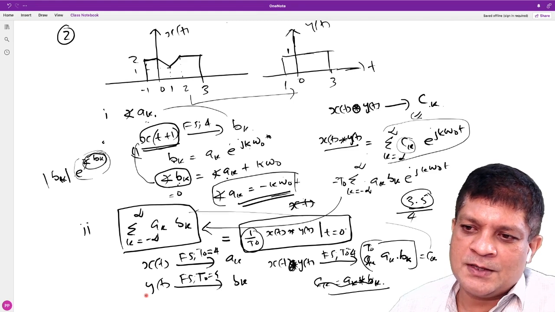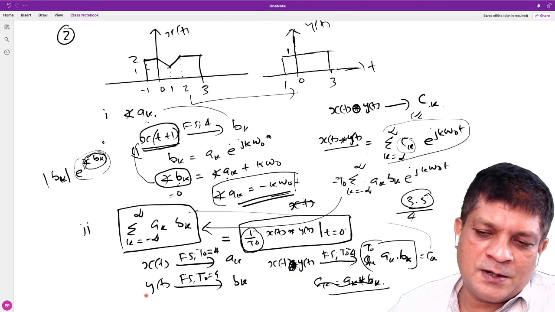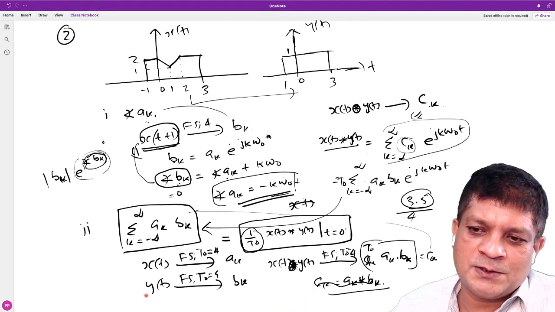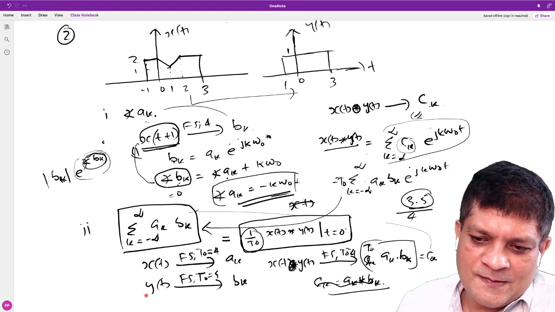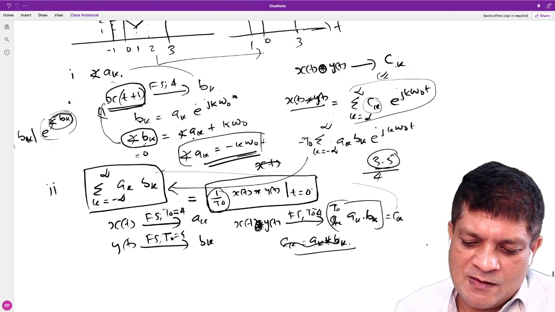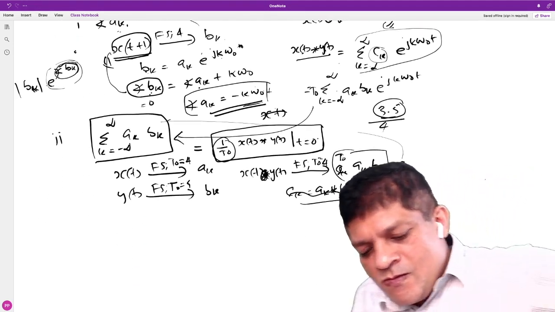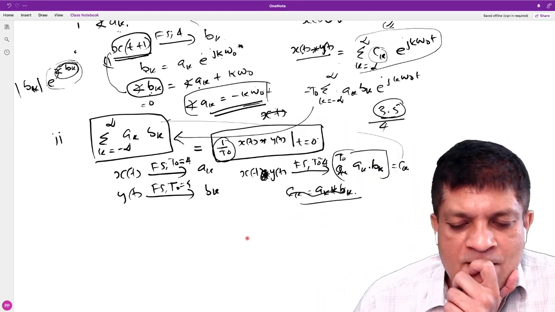And the third part, I am leaving it as an exercise. Can anyone quickly tell me what is the difference between 2 and 3? We will need to modify y(t) to get that summation.